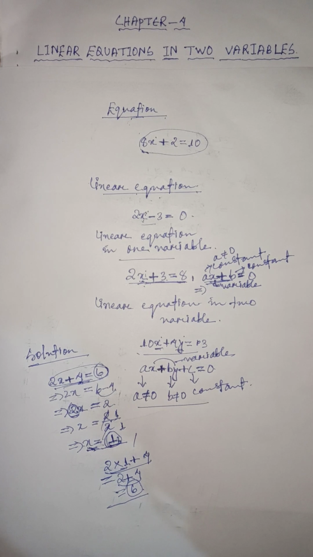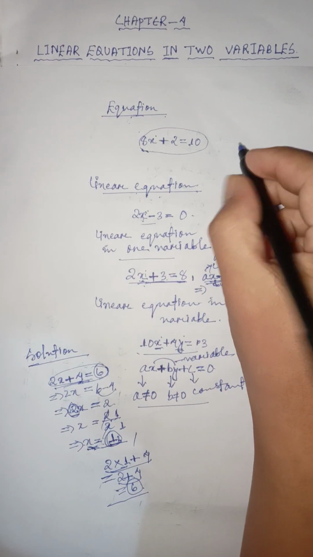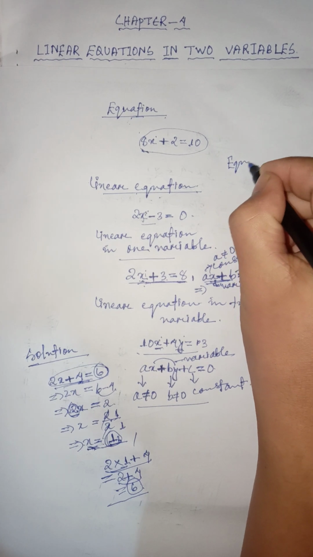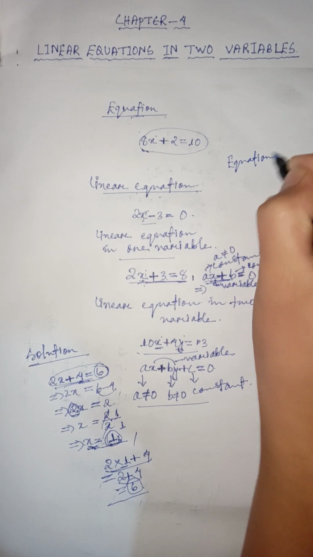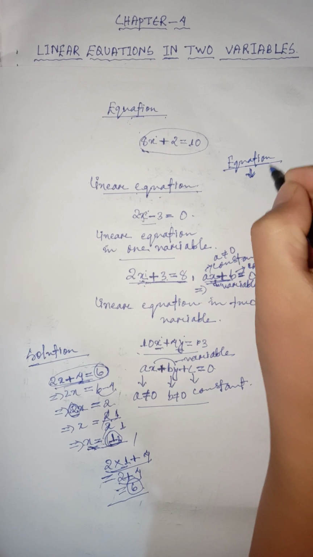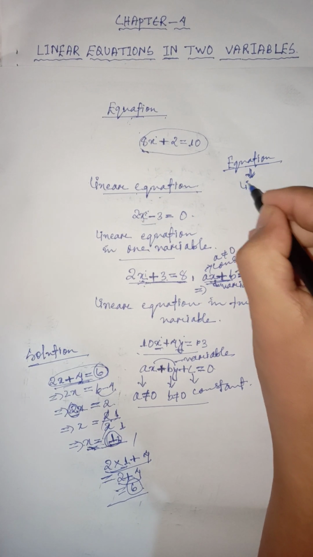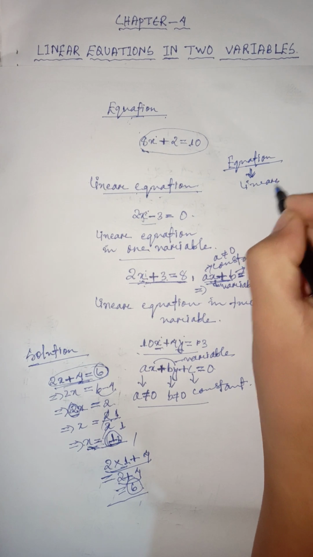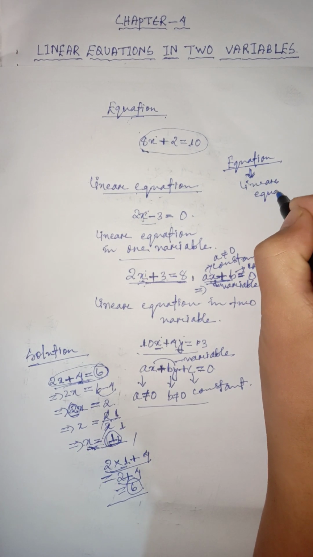Then let me add a little bit more about what we discussed today. Let me summarize all this. The first thing that we discussed today is equations, and secondly, after we define equations, what is the next? It is linear equations.